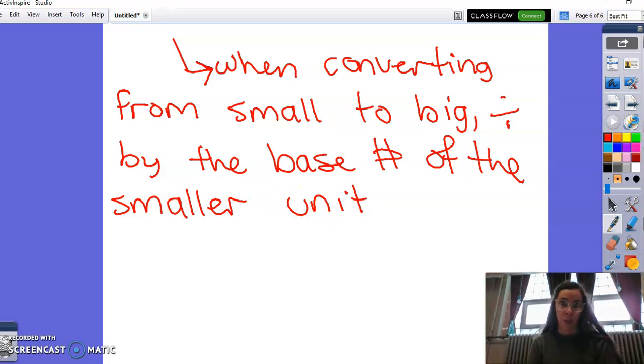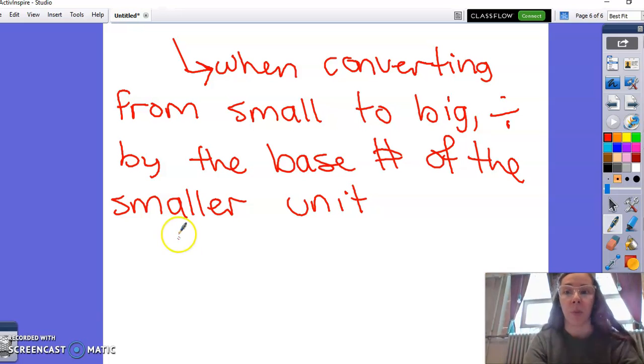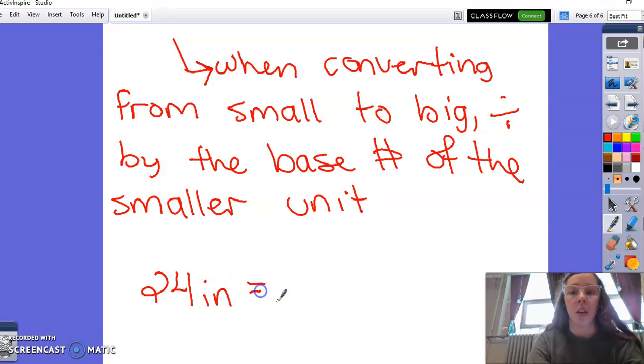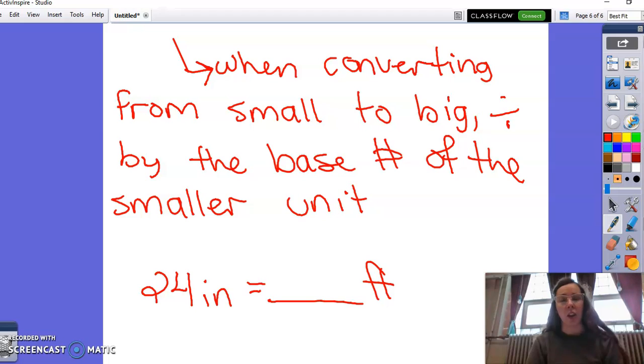Okay, so let's take our example then. I now have 24 inches, and I want to know how many feet that is. And because you guys are 5th graders, I know you're thinking, Mrs. Graber, I already know it's 2 feet, right? But let's find out why. If I'm going from small to big, we're going to write another little reminder down here.